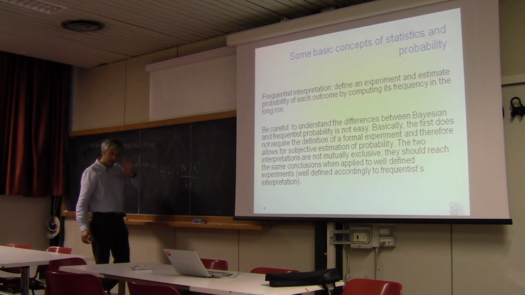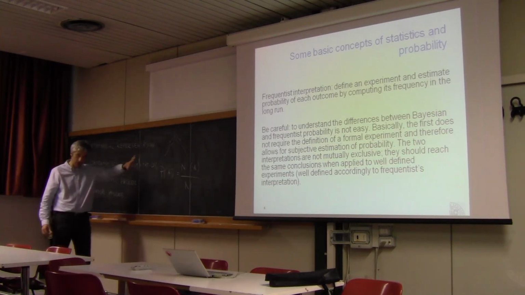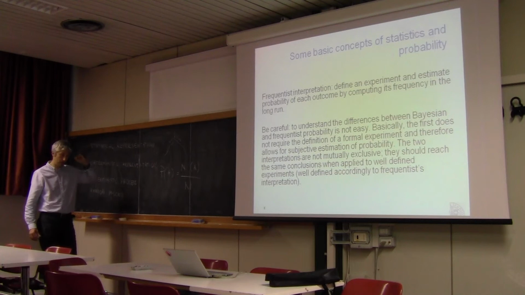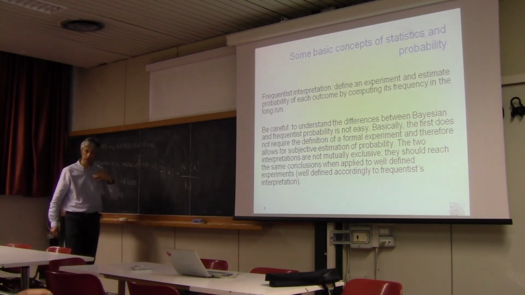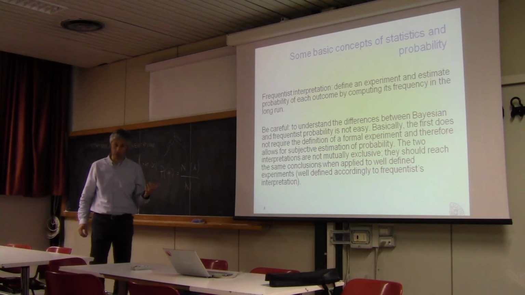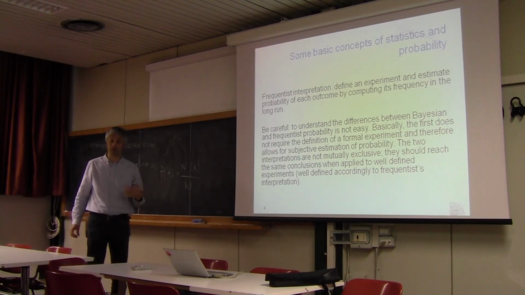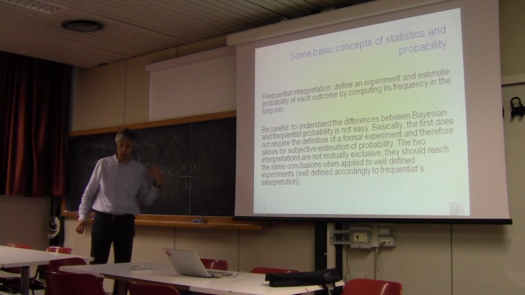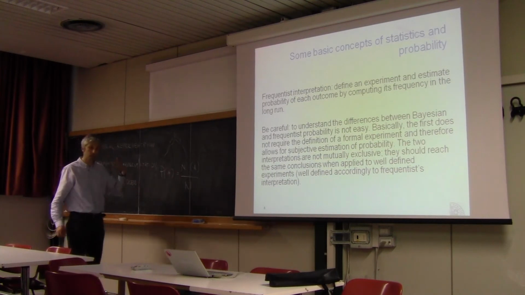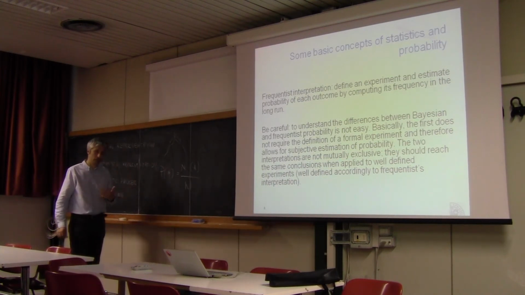I just wanted to mention Bayesian because this is a term that you will find very often. Whenever you, in your future career, have to deal with probability, it's very likely that you will hear about Bayesian. And so now you know what it means.